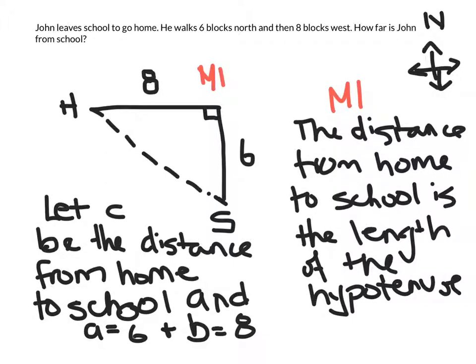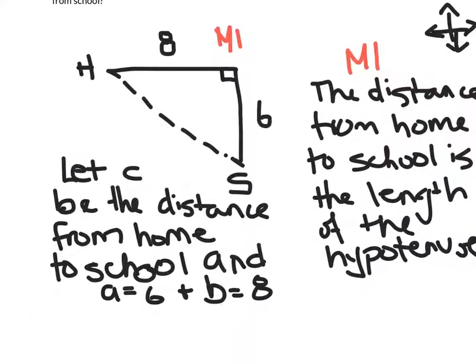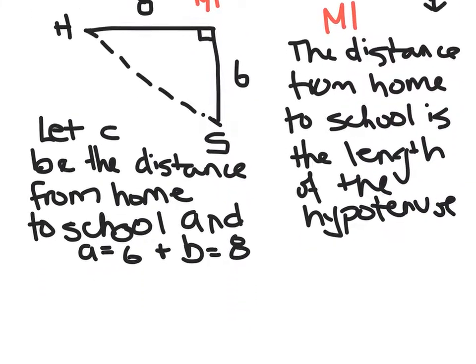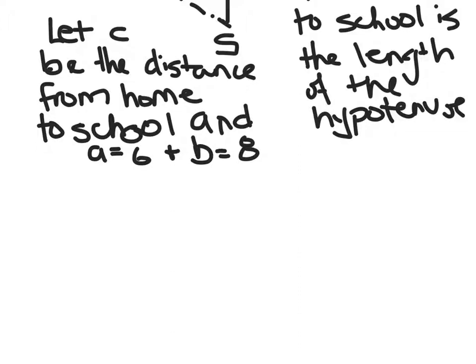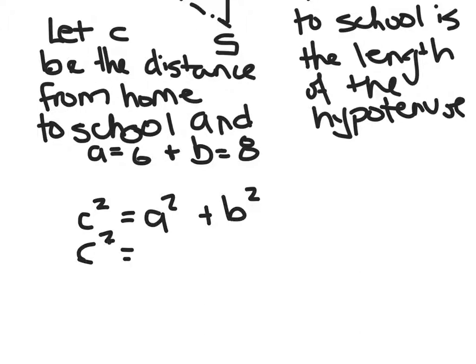So now all we need to do is use that to work it out. So if we just move that up, use that information. So start by writing Pythagoras' theorem, c squared equals a squared plus b squared. C squared is what we're actually trying to find. So that will stay C. A is 6, B is 8.